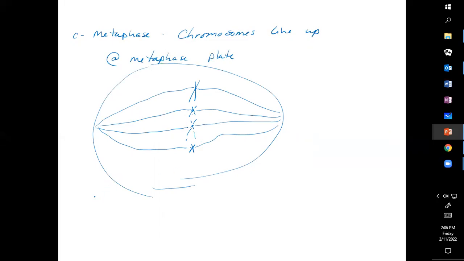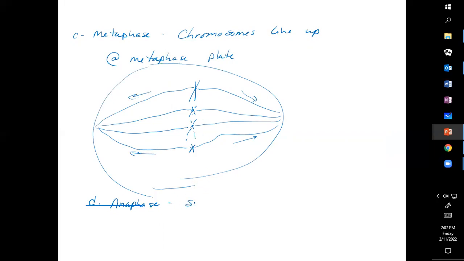In anaphase, these spindle fibers start to shorten. They're big polymers of these microtubule subunits, and they start to shorten. And as they shorten, you get the separation of these sister chromatids.